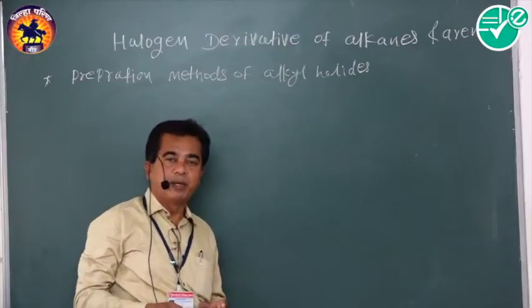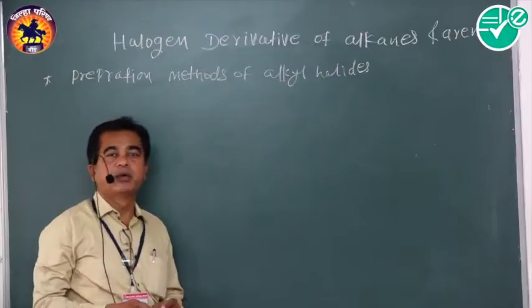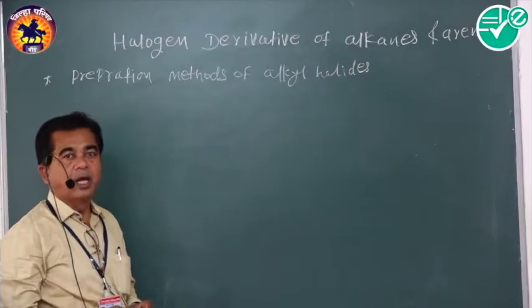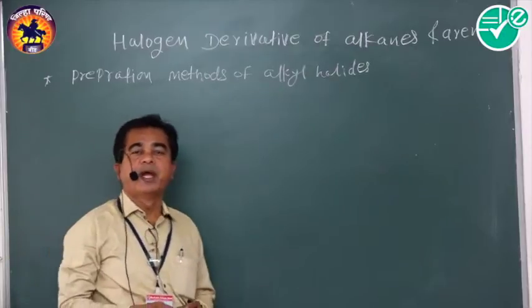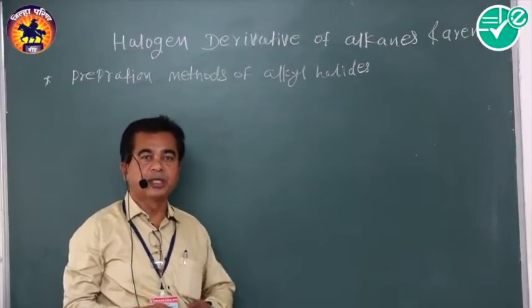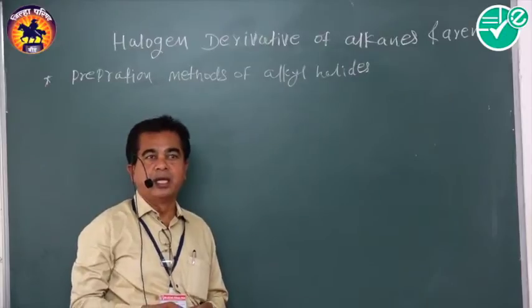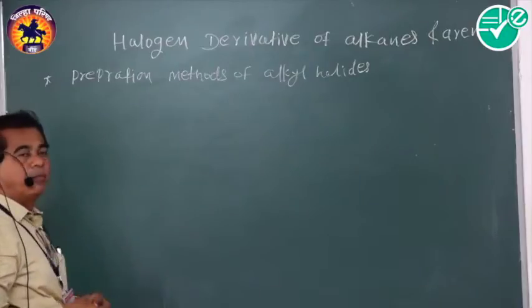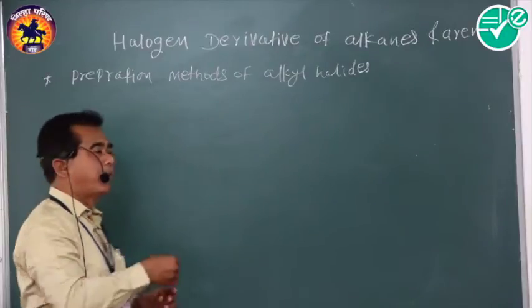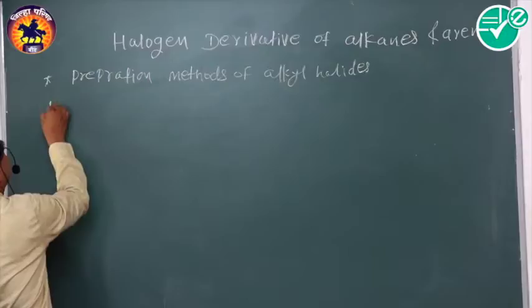We completed some preparation methods, that is preparation of alkyl halides by halogenation, that is chlorination, bromination, as well as by addition of hydrogen halide to the alkene. And today we start the new method, that is preparation of alkyl halides from alcohols.